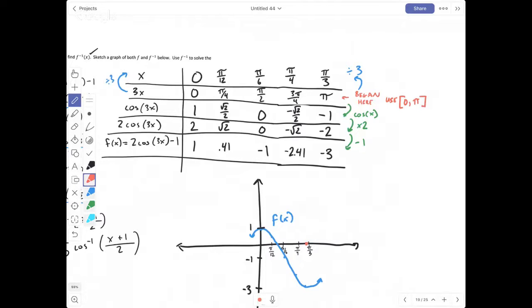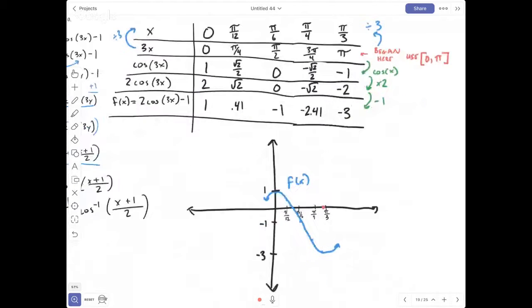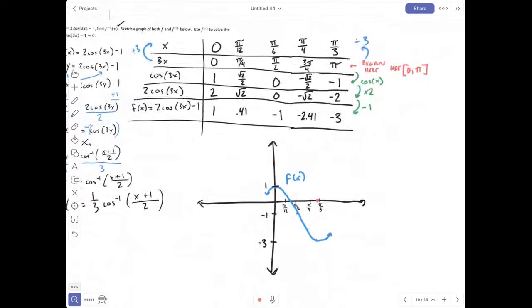And then I'm going to plot 0.41, pi over 12. So 0.41 is, that was a half, it was right there. So 0.41 got to be a little bit less than pi over 6 probably. So 0.41 and up pi over 12. So like there.